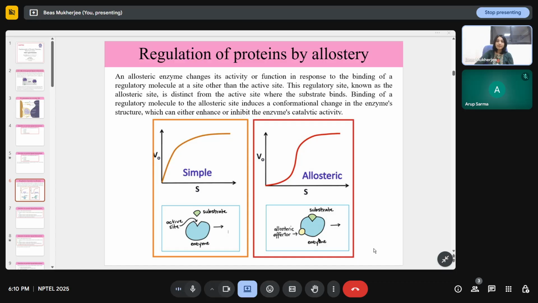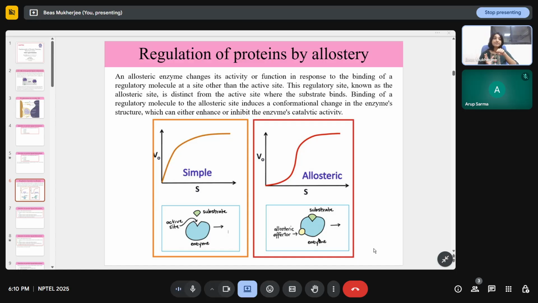Okay. So for example, there are enzymes that are not regulated by allosteric interactions, and there are enzymes and other proteins that are regulated by allosteric interactions. So there is this very subtle difference. In an allosteric enzyme, the activity or function changes with respect to binding of a regulatory molecule at a site other than the active site.